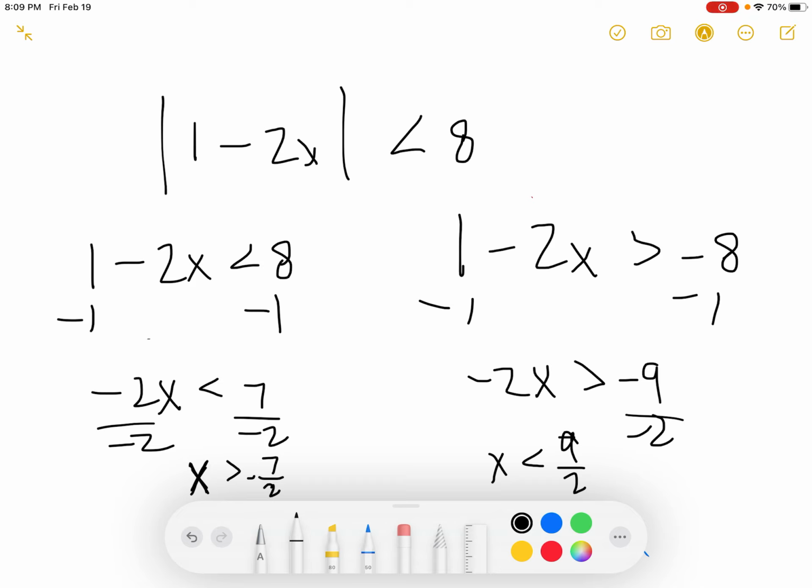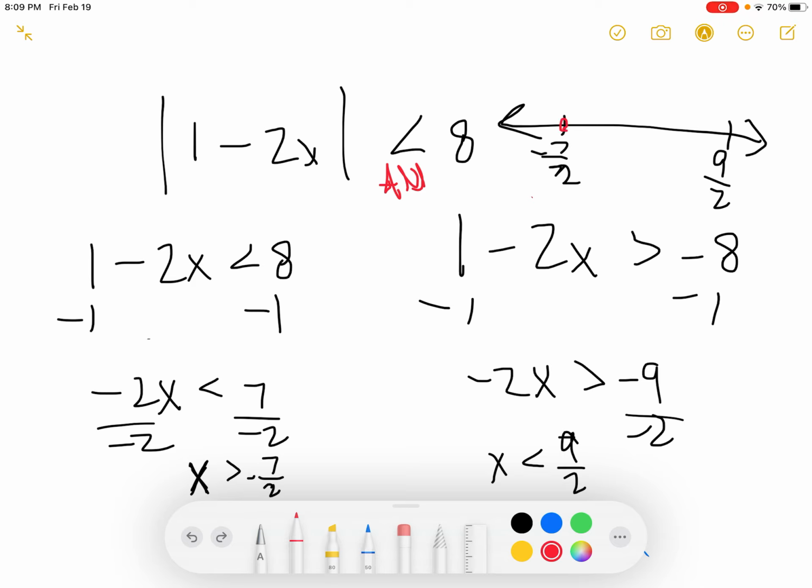We can put this on a number line. So we have negative 7 over 2, and then 9 over 2. Since this is an "and" situation, because it's pointing this way, both are true.